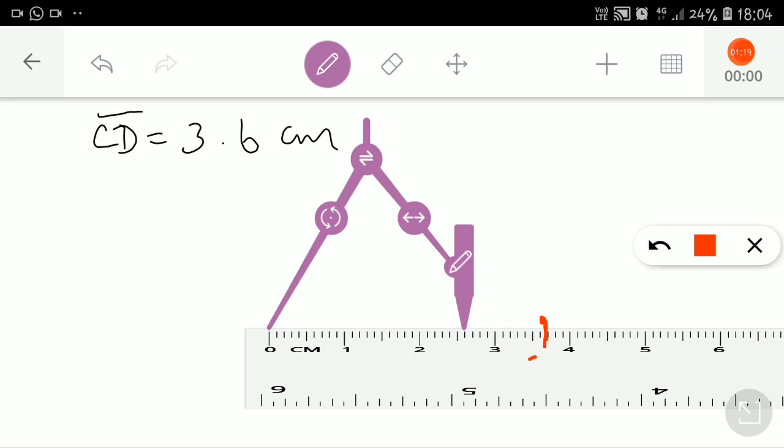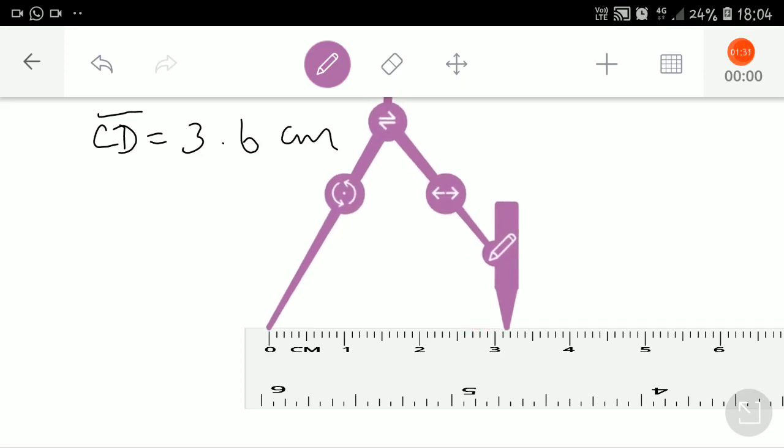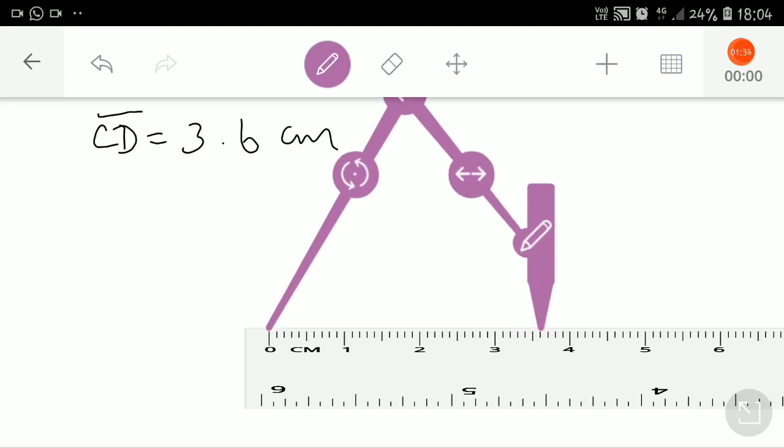Okay, for that you are going to expand your compass. And one more thing, when you are expanding the compass, this pointed end should not be moving. You should hold it correctly. Okay, so you are going to expand your compass and keep it like this. Clear? So this is 3.6.